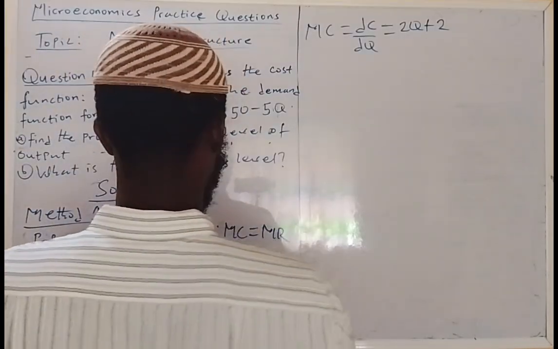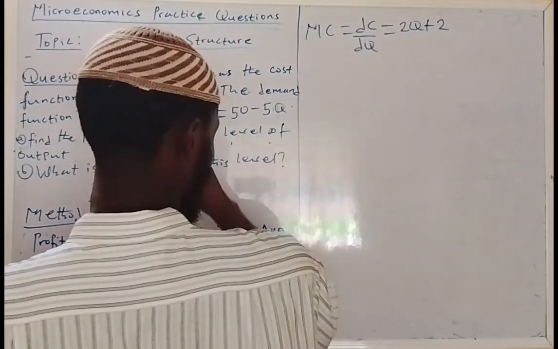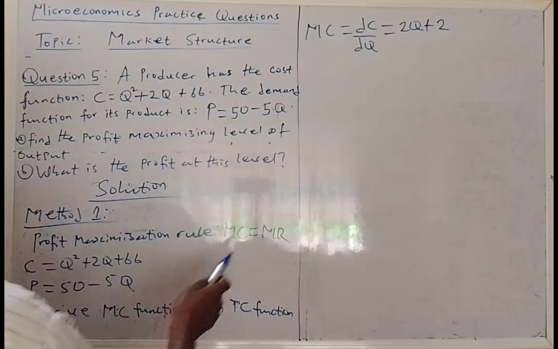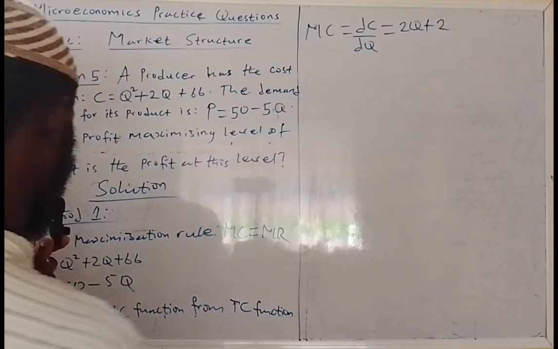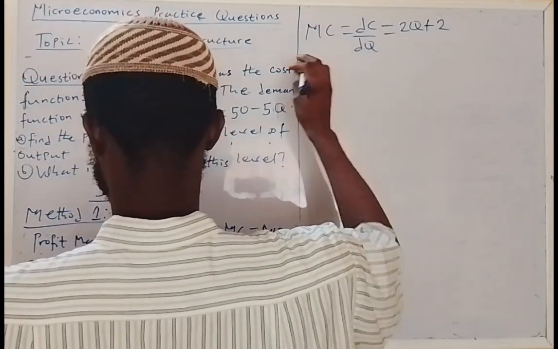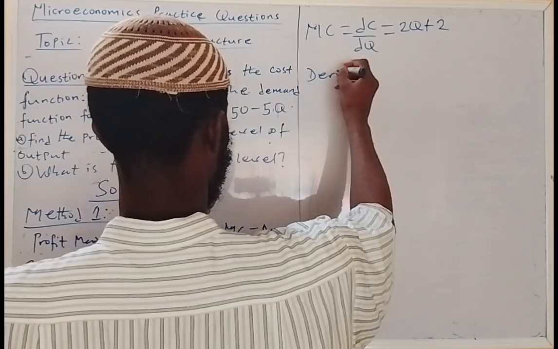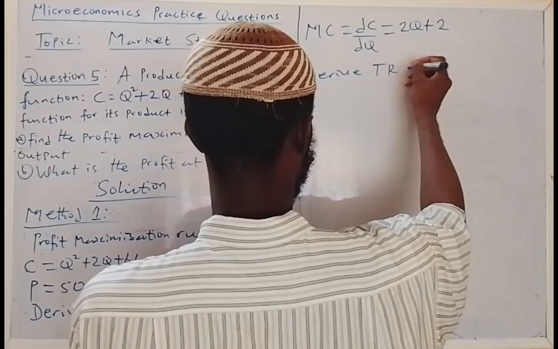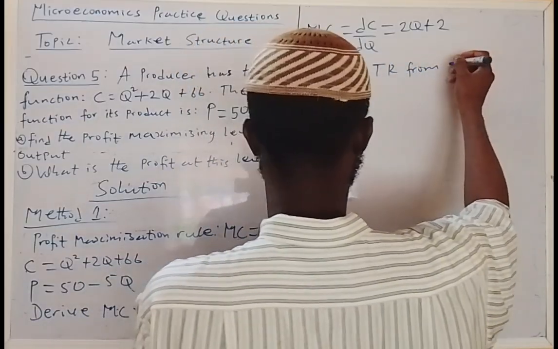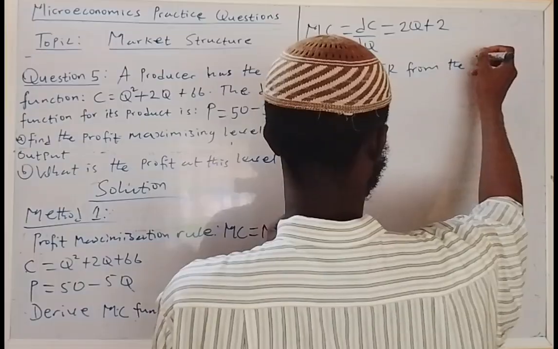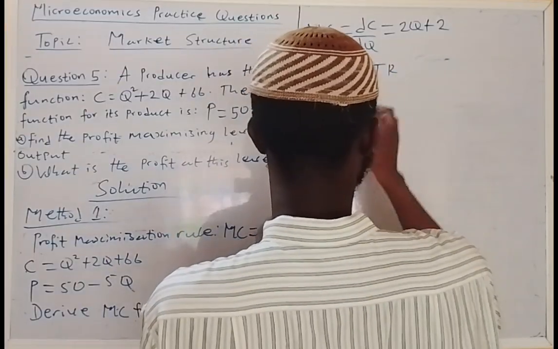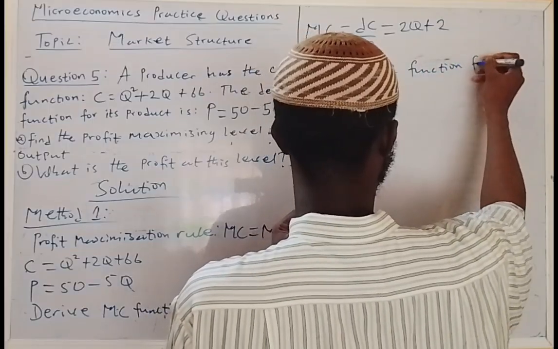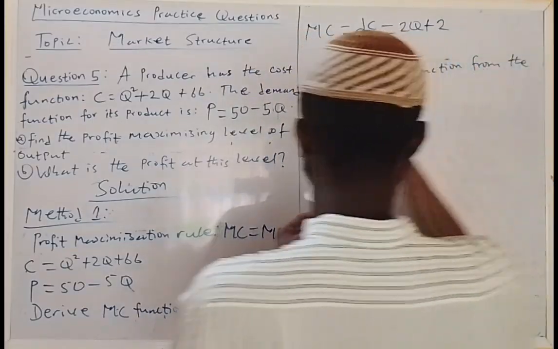Now, having gotten our marginal cost function, we proceed to total revenue. How do we derive it? Because we need our total revenue before we can get our marginal revenue. So we are going to derive total revenue, that is TR, from the demand function.